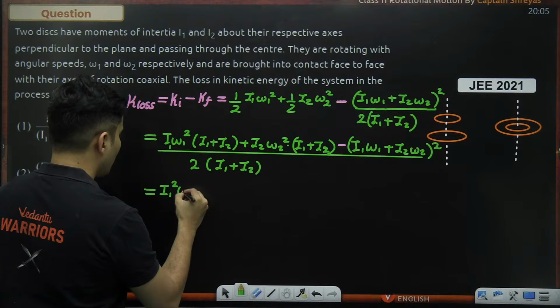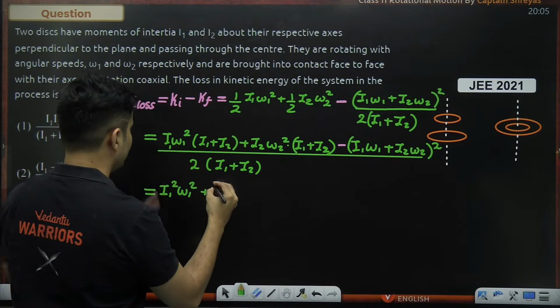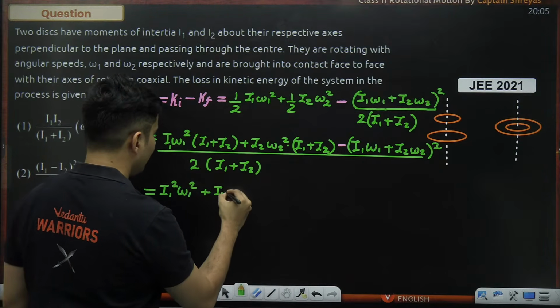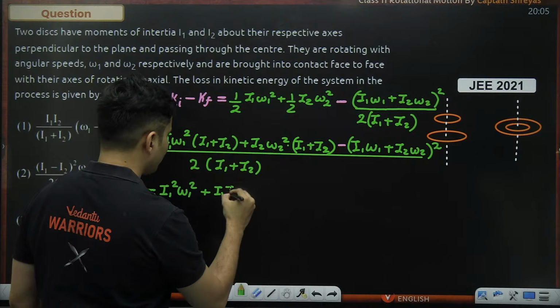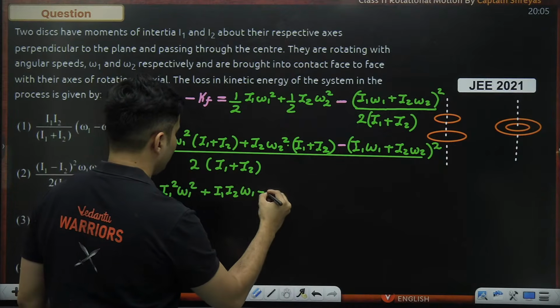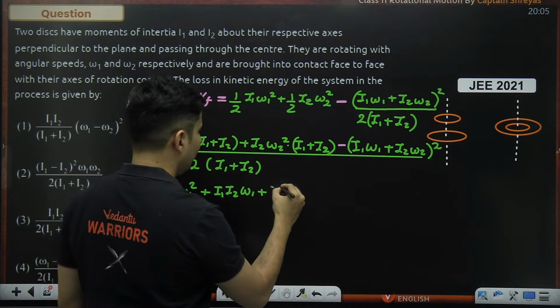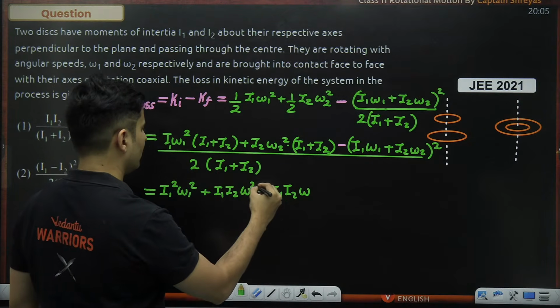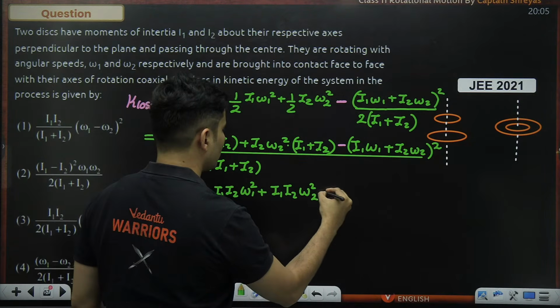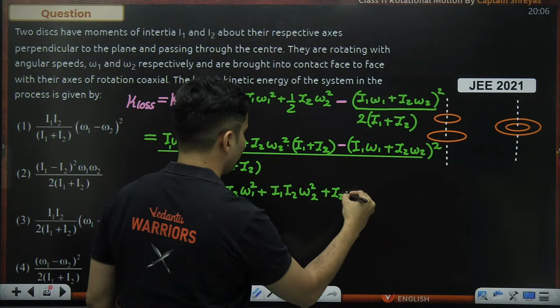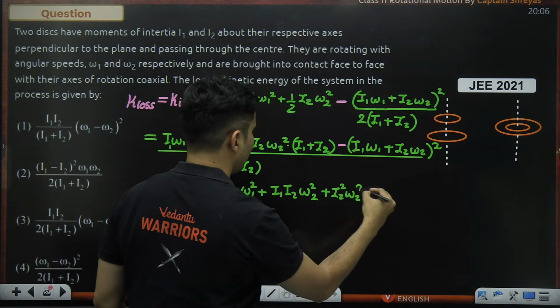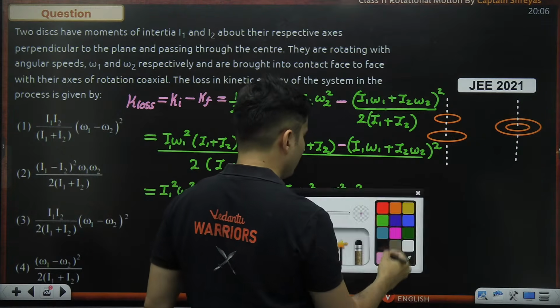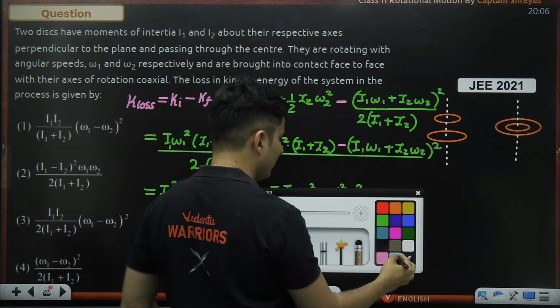So I1 square omega 1 square plus I1 I2 omega 1 square, plus here we will have again I1 I2 omega 2 square plus I2 square omega 2 square. Many times minus is going to come.